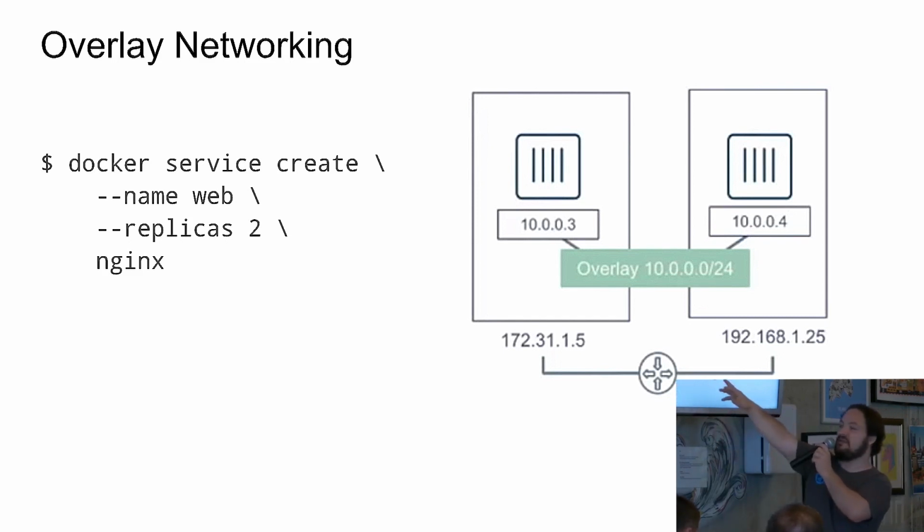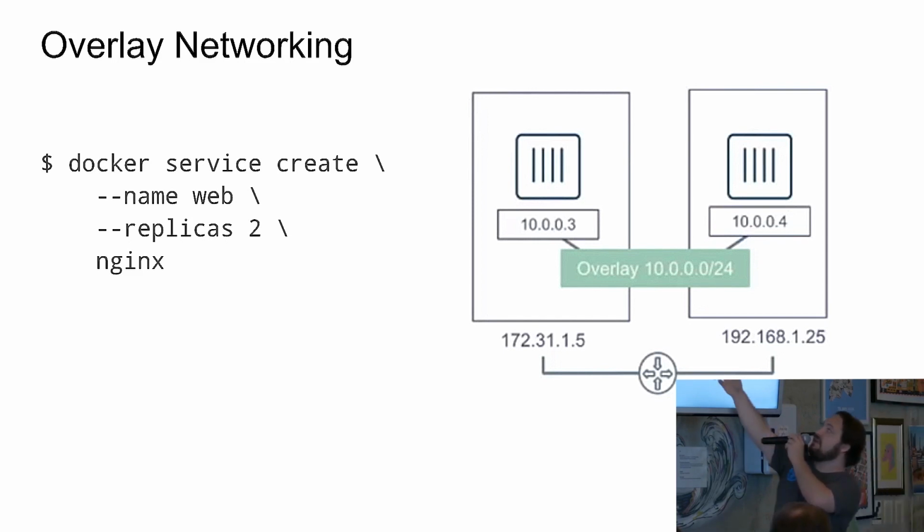You also give it how many of these you want to run, and how many of these is how many tasks. Okay, the terminology is task. So you have a service, it has a name called web, and you have a task called web 1, web 2, and etc. Service discovery will allow you to ping web, and it will also allow you to ping web 1 and ping web 2, because you can either ping the service or ping the tasks.